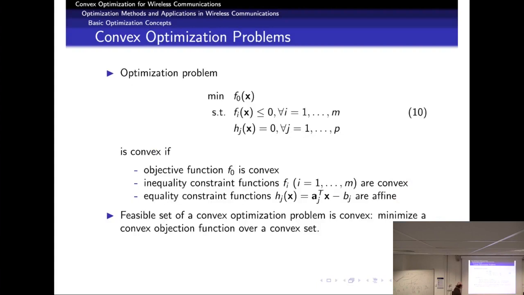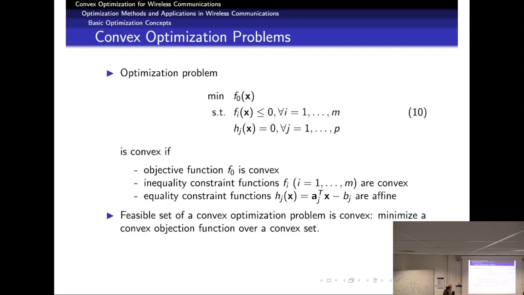Right, so now let's come back to our optimization problem. I wonder when is this optimization problem convex? Well, it's convex if you have multiple things. The first thing is that your objective function has to be convex. The second thing is that your inequality constraints here have to be convex.